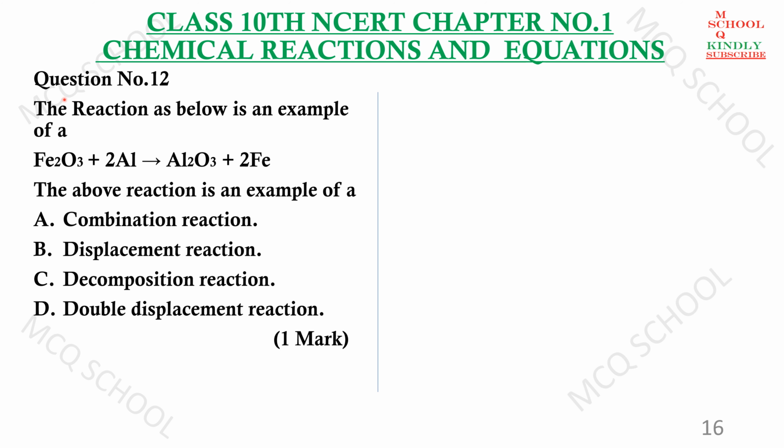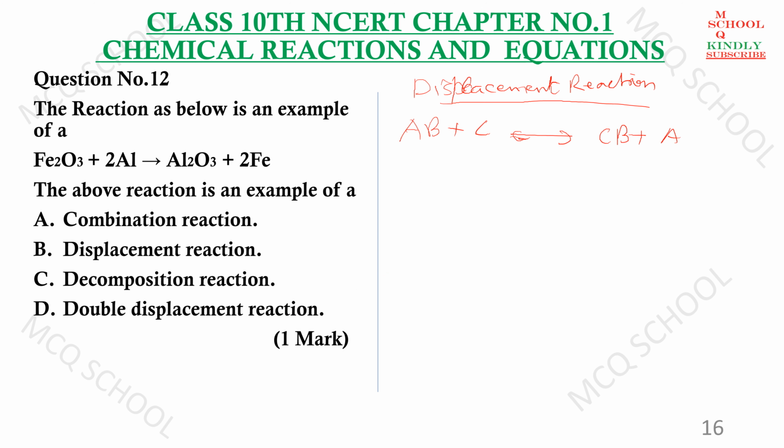Let us take question number 12. The reaction given below, ferric oxide and aluminium reacts to form aluminium oxide and iron. The above reaction is an example of combination reaction, displacement reaction, decomposition reaction, or double displacement reaction. So what is the answer as per you?